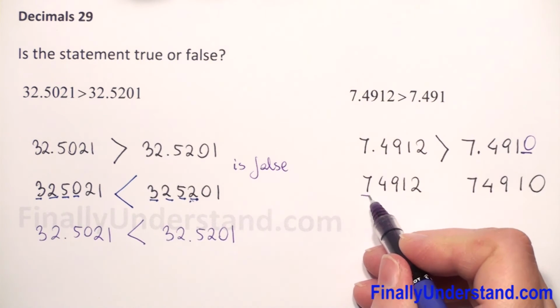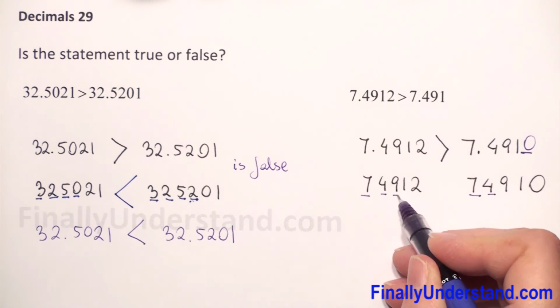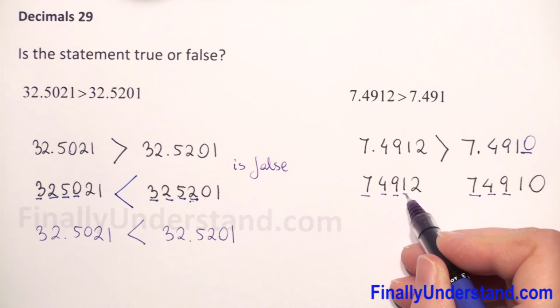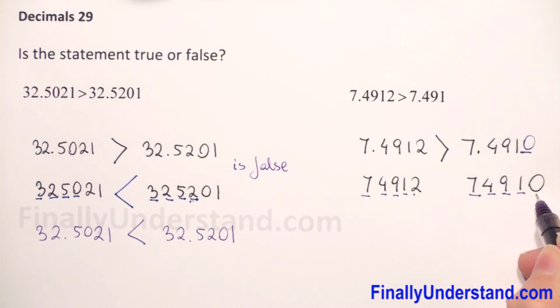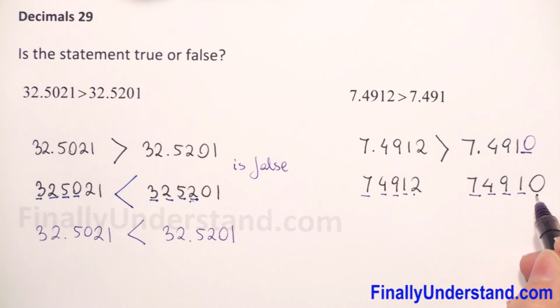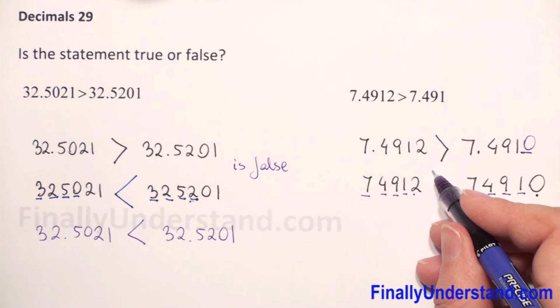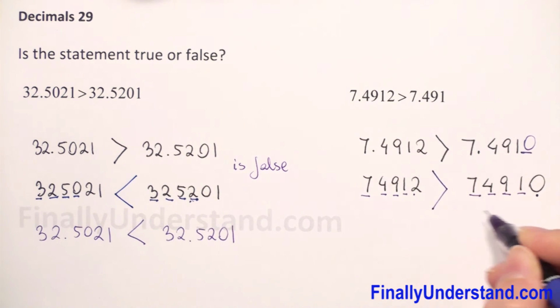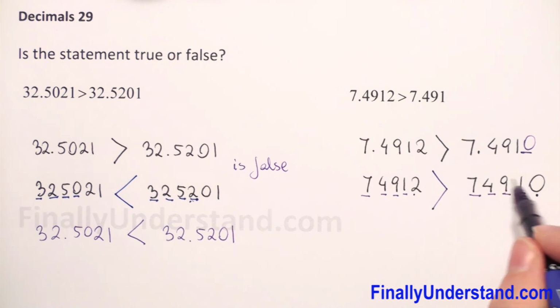We have 7, 7, the same, 4, 4, 9, 9, 1, 1, and we have 2 and 0. Which number is greater? 2 is greater than 0. It means the number on the left side is greater than the number on the right side.